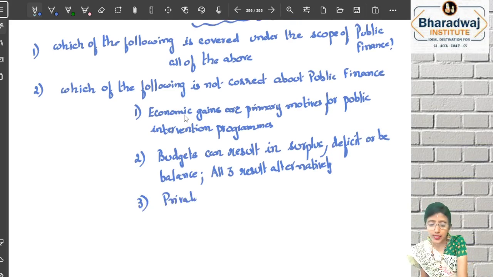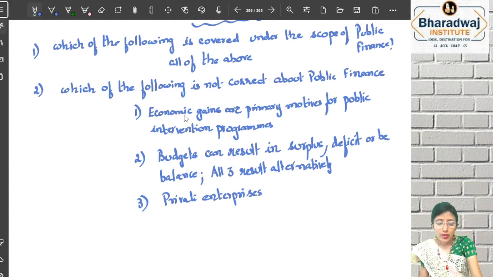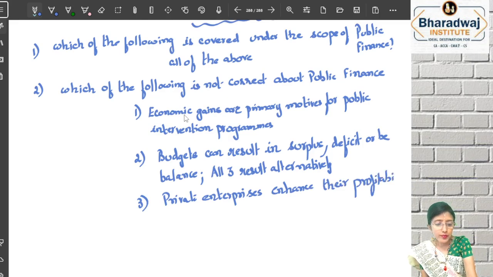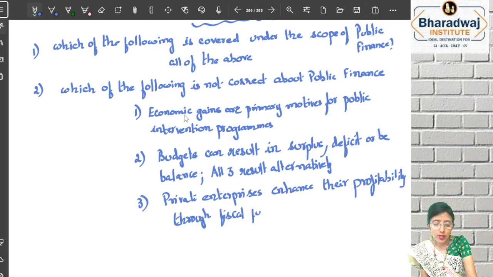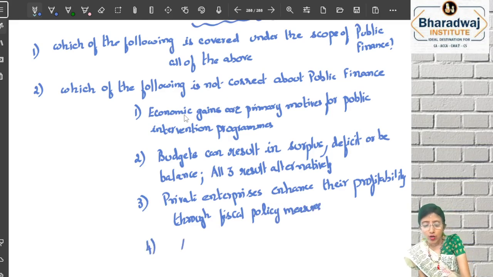Private enterprises enhance their profitability through fiscal policy measures. Fourth one is all of the above.